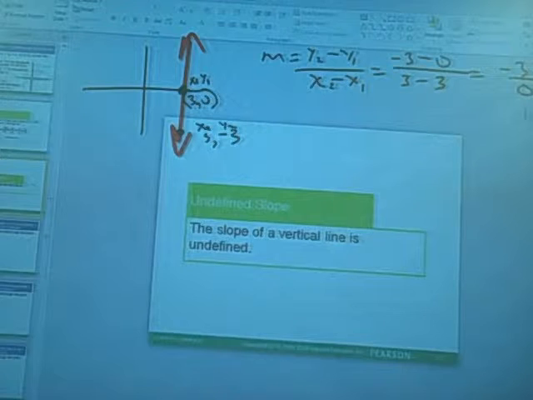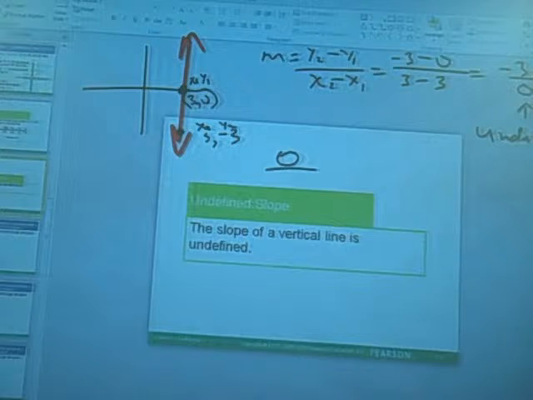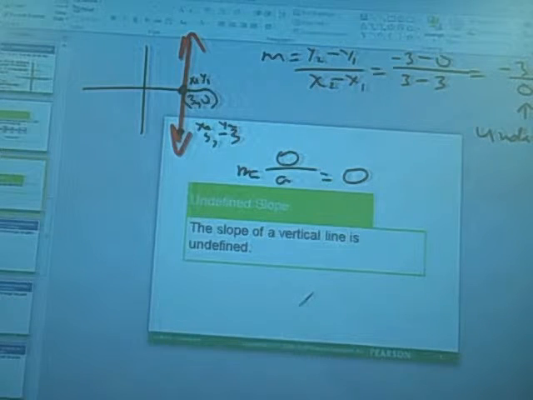Well, anytime 0 is in the denominator, that's undefined. Okay, 0 in the denominator is undefined. When you have 0 in the numerator, then that's 0. Okay? Questions with that?